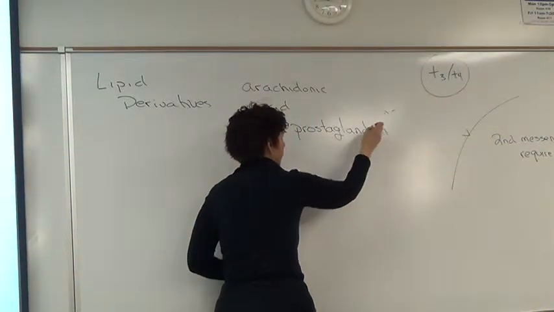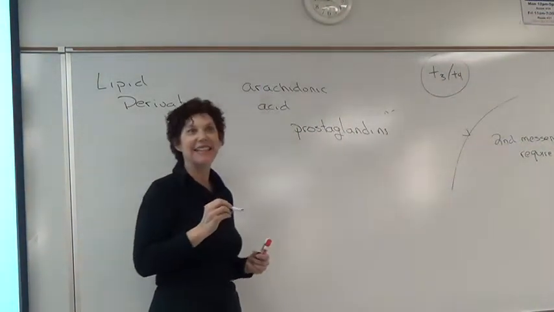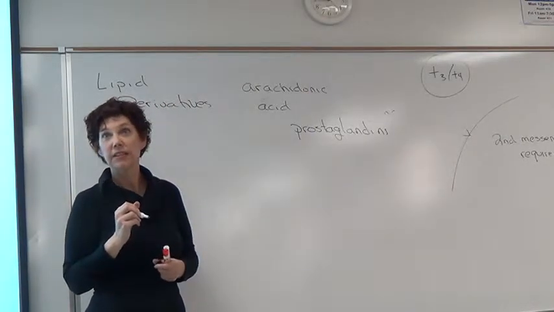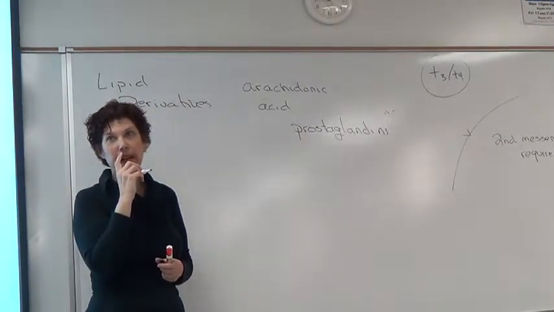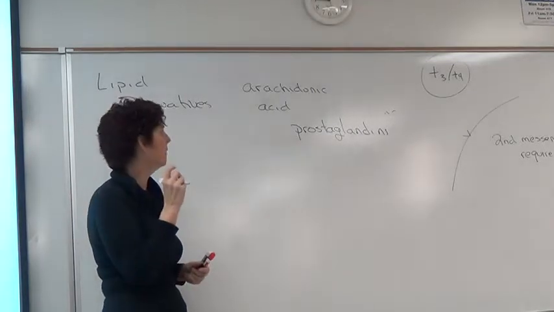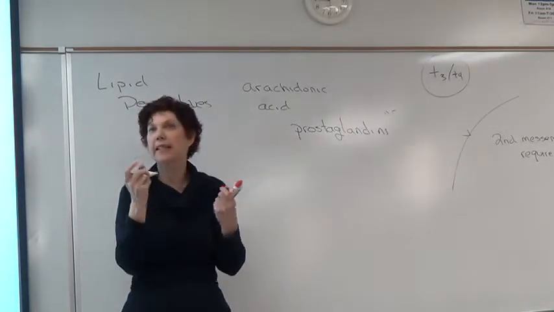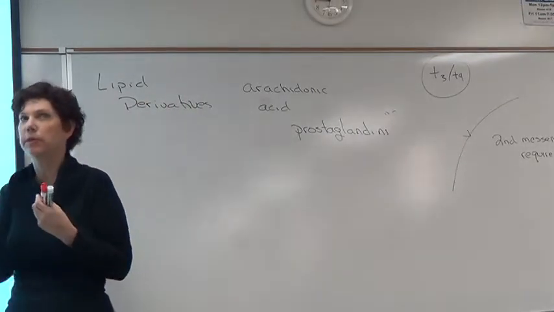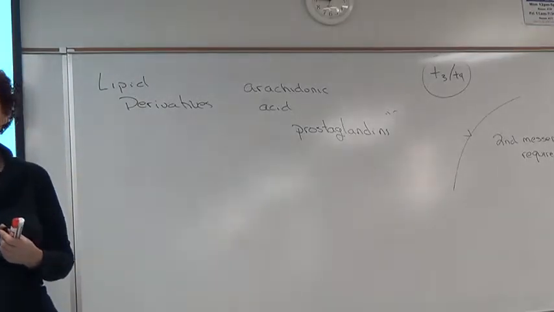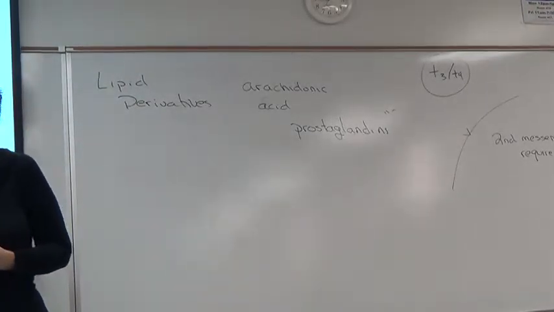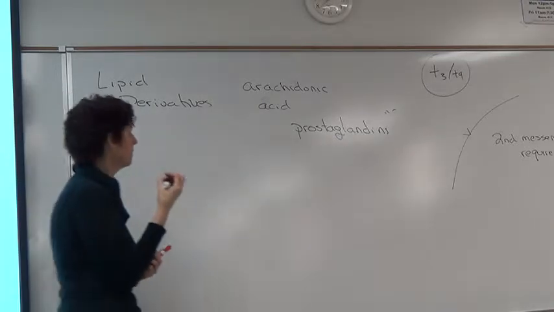Prostaglandins get their name because they thought they all came from the prostate gland, and they don't. These can also be autocrine, but they can be hormones as well. For instance, prostaglandins are part of the chemicals released that help the uterine tissue smooth muscle in labor when it's contracting.